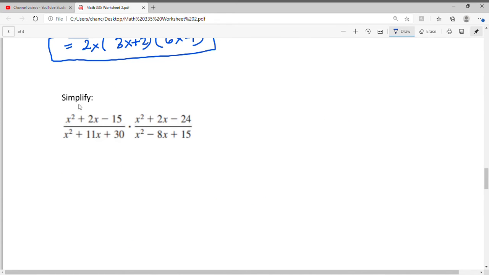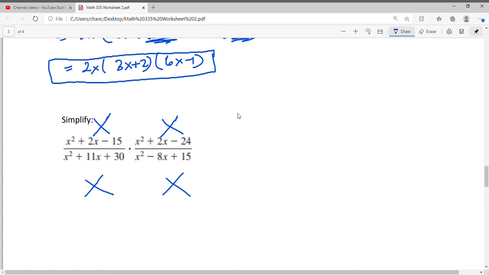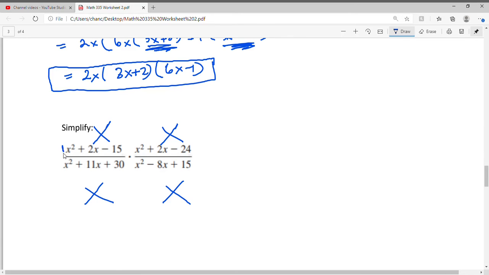In this question, I want to simplify and multiply these rational expressions. You have to be good at factoring. So let's factor each of these. I know these are all 3 terms, so we're going to use the X method or the diamond method in all of these cases. Now I don't have to do the AC method, because if you look, the leading coefficient for all of these is 1.